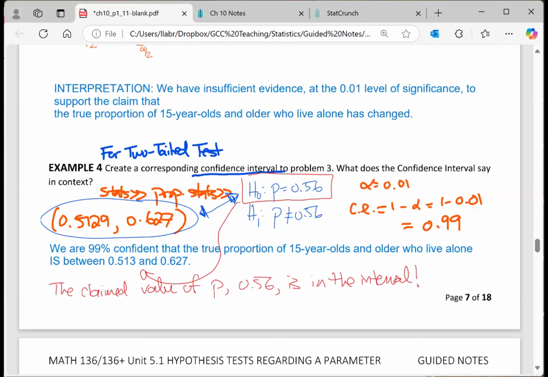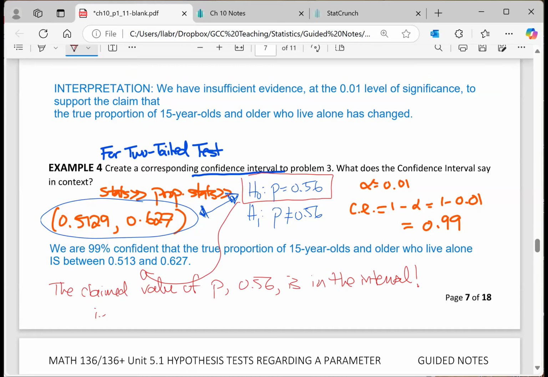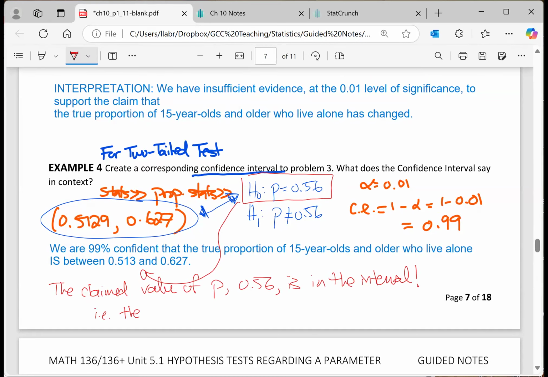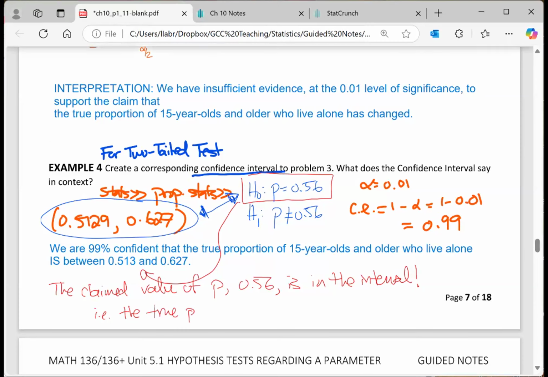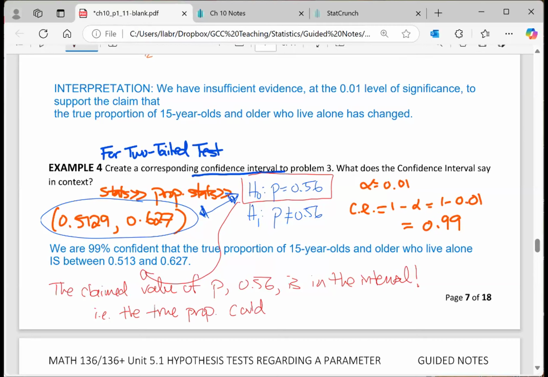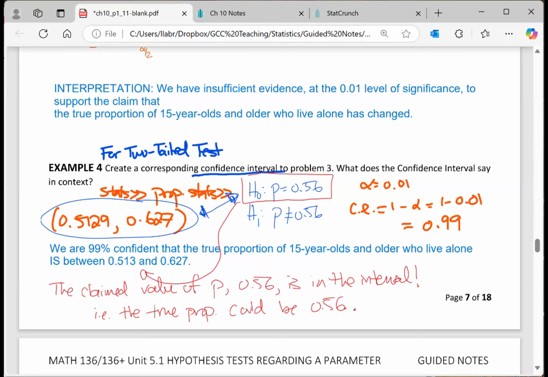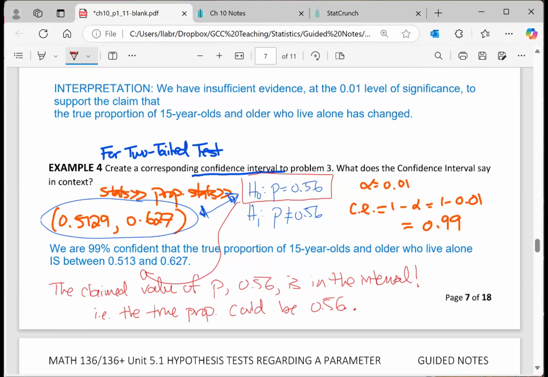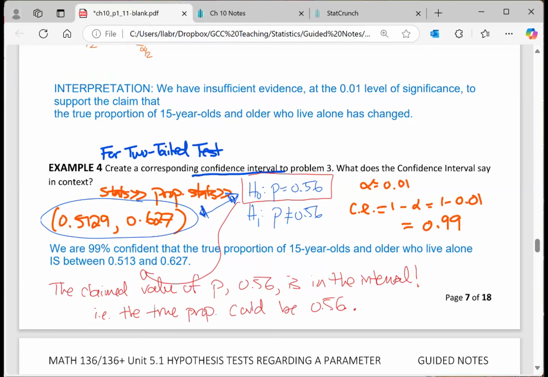What that means is that it could actually be the true proportion. So our sample seems to agree with that statement. It could actually be 0.56.